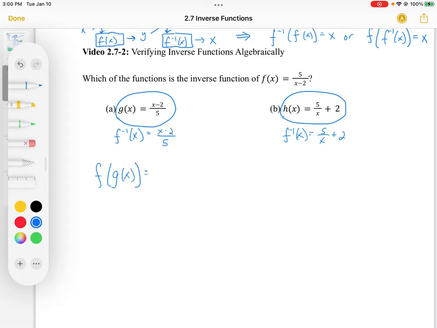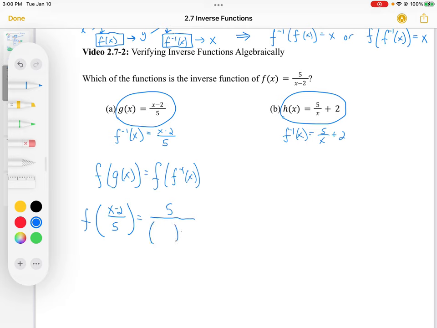Another way of thinking about this: we're going to take what we think is the inverse function of f and plug it into f. So we take x minus 2 over 5, and plug it into 5 divided by x minus 2.